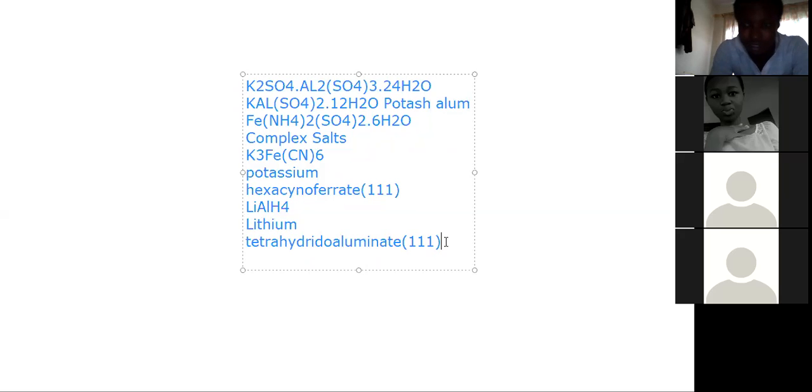And we looked at the basic salts, which contain the oxides and the hydroxides, the metallic ions, and also the negative ions of the acid.